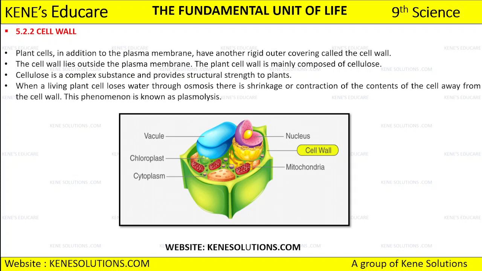Hypertonic solution में भी cell का concentration was higher than the medium, right? So what did the cell do during that time? It has released the water into the medium. As it took place through osmosis, because higher region से lower region में ही pass होता है, right? So hypertonic में भी we saw because it is losing water there was shrinkage which was observed, right? So this phenomenon we call plasmolysis.